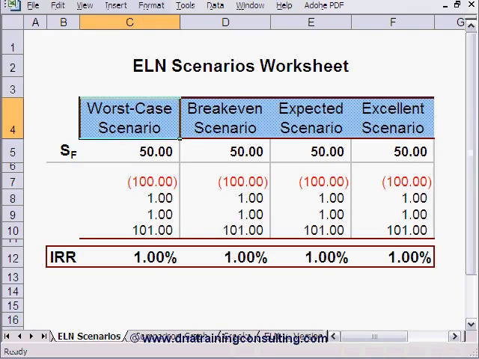The worst case scenario occurs obviously when the option expires out of the money, i.e. if the spot price of Microsoft at maturity is at or below $60, as shown in cell C5.